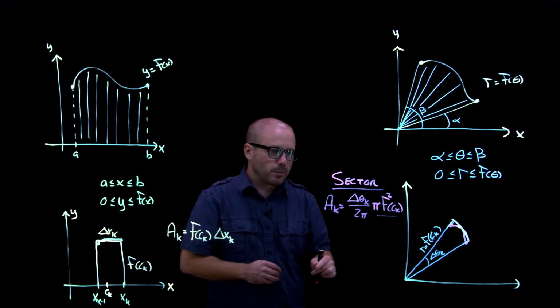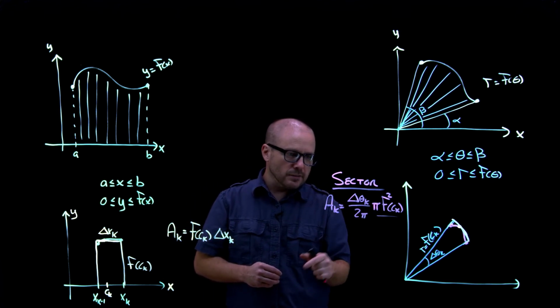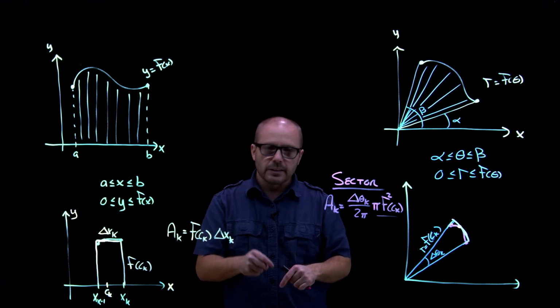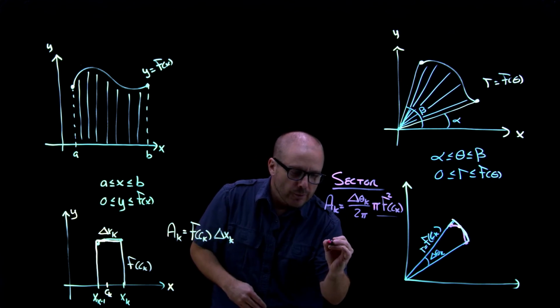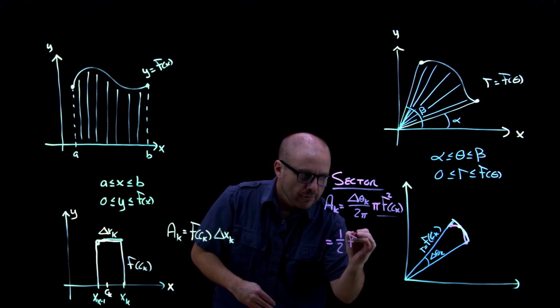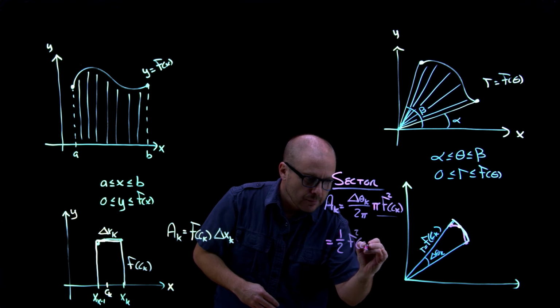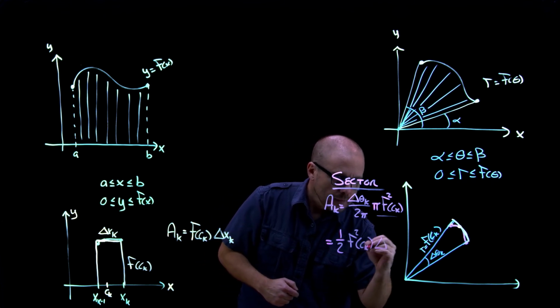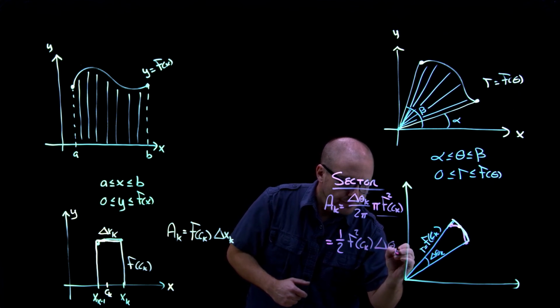Now we can simplify this a little bit. The pi's would cancel. And just like over here, I think it's kind of natural to write the delta last. So we end up with 1/2 the function squared c sub k at delta theta sub k.